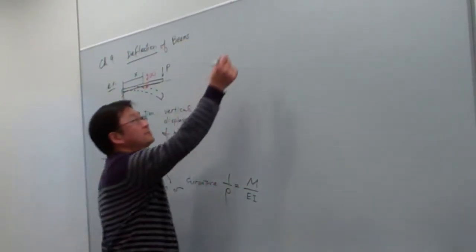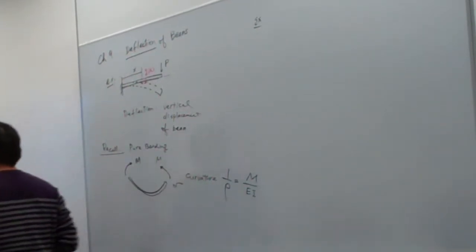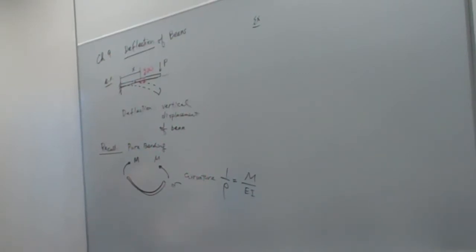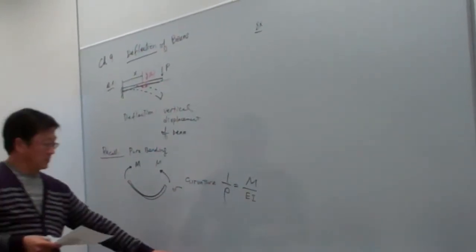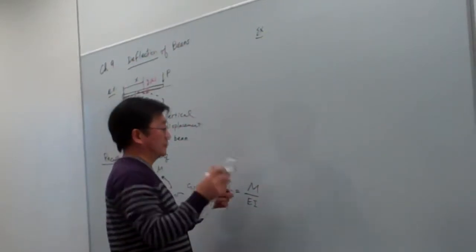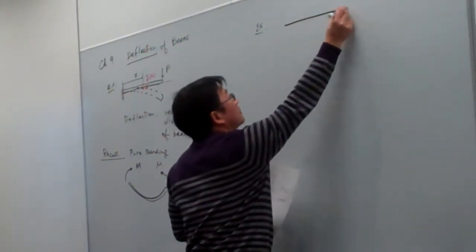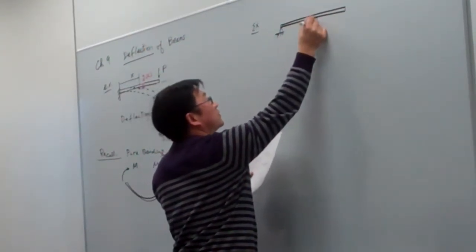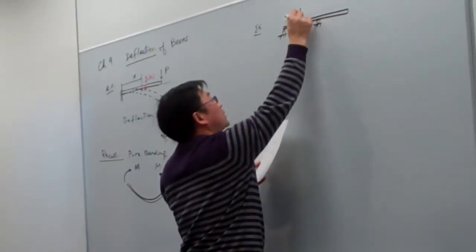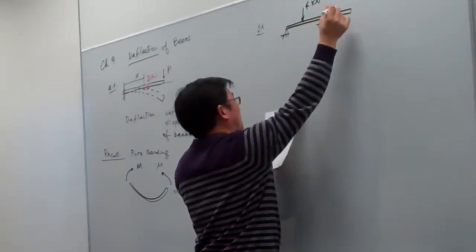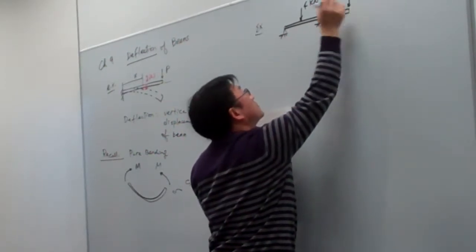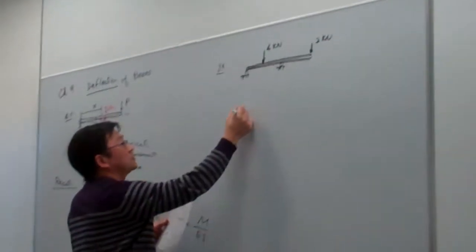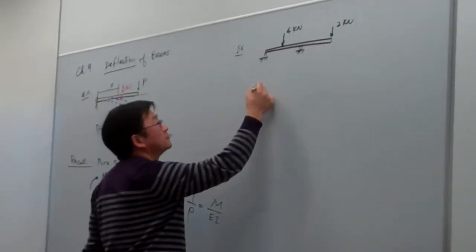So for example, if we consider a beam that is simply supported like this, with a loading of 4 kilonewtons and here 2 kilonewtons, for this case we can draw the shear and bending moment diagram.